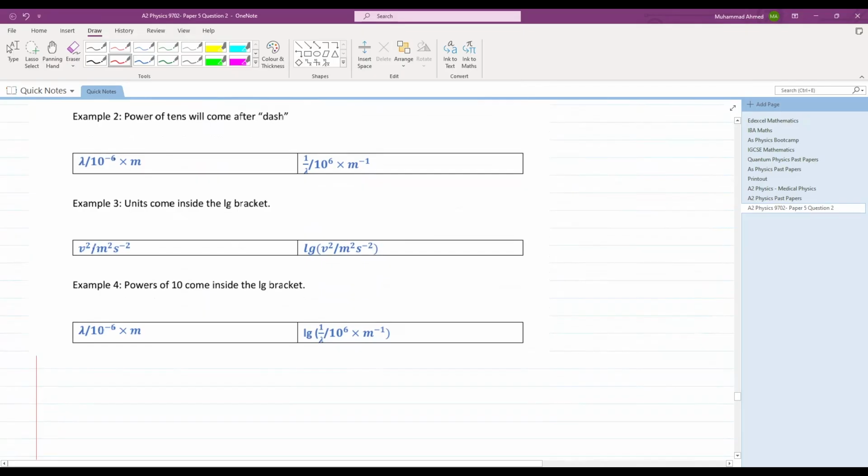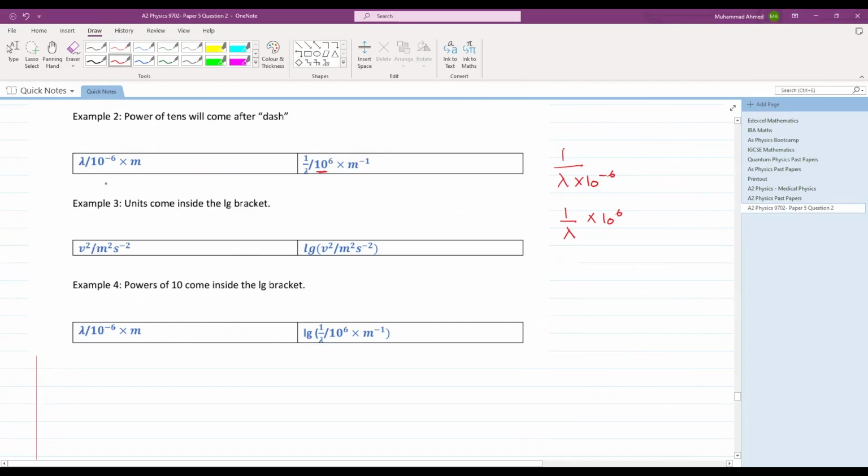See, this 10 raised to the power of minus 6 is telling you the power of lambda. So whenever you write 1 over lambda, this will be lambda multiplied by 10 raised to the power of 6. You can take this to the top side. 1 over lambda will now have a power of 10 raised to the power of 6. So you will write 10 raised to the power of 6 in the power here.